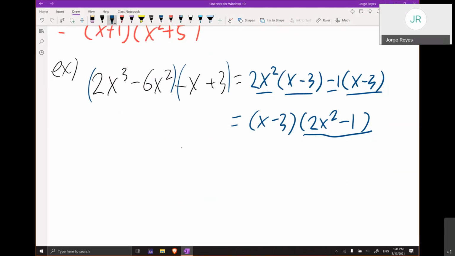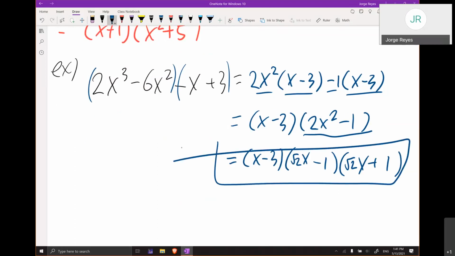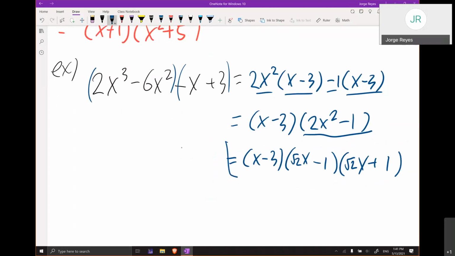If you plug this into the difference of squares formula, you're going to get square root of 2x minus 1 times square root of 2x plus 1, and then this is the final answer. So the difference of squares formula can always come in useful.